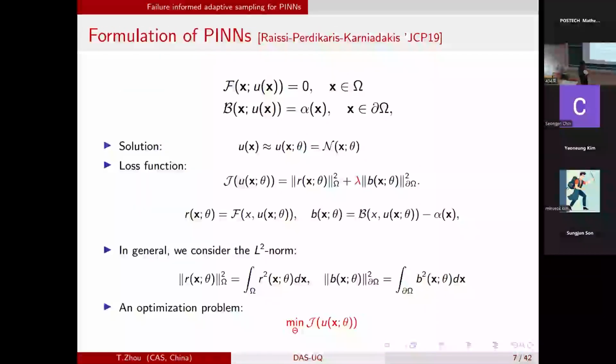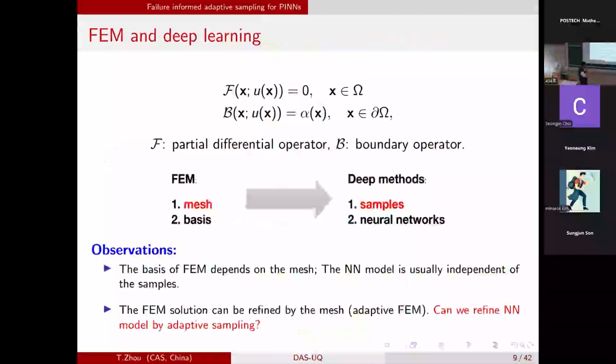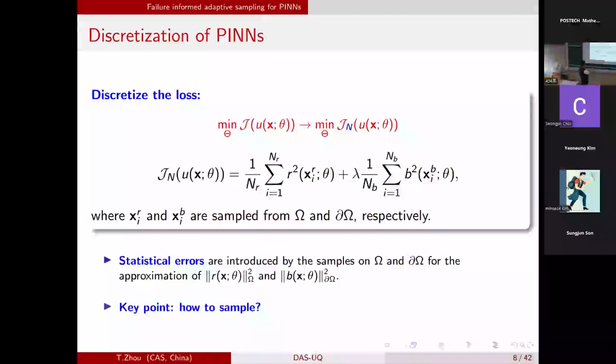When you compute the residue for each training point, you have to compute the second order derivative and first order derivative. And normally you will call some function for this, automatic differentiation, right?